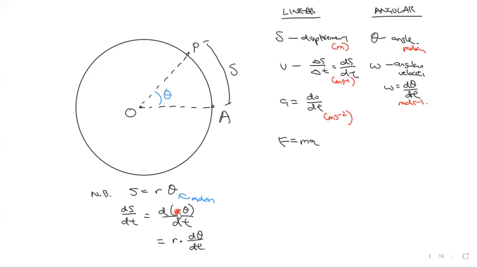And therefore v equals R omega. ds dt is v, d theta dt is omega. So for a circle where the radius is constant, there's a relationship v equals r omega between the linear velocity v and the angular velocity omega.